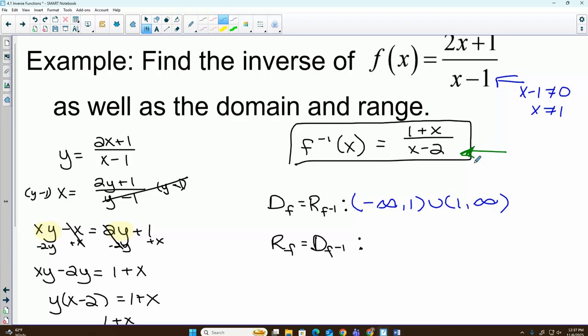We have a fraction. We know in a fraction, the bottom can't be 0, so x can't be 2. So the range of my function, domain of my inverse, is everything except 2. Negative infinity to 2, union 2 to infinity.